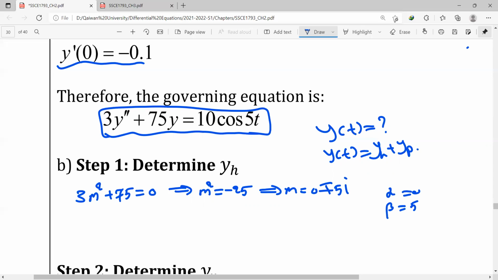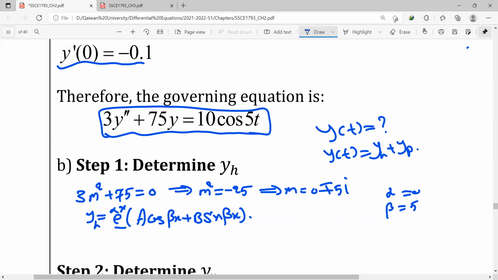The general form of the homogeneous solution, if the characteristic equation has two complex roots, is y equals e to the power alpha x times a cosine beta x plus b sine beta x. Here we just replace alpha and beta by their values.